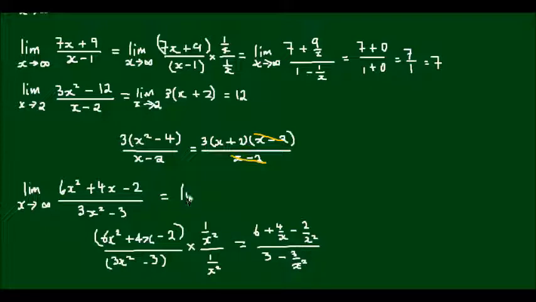So this becomes the limit as x approaches infinity of 6 plus 4 over x minus 2 over x squared all over 3 minus 3 over x squared. And as x gets larger and larger and larger, these terms will go to 0. So I'll end up with a case of 6 divided by 3, which is equal to 2.